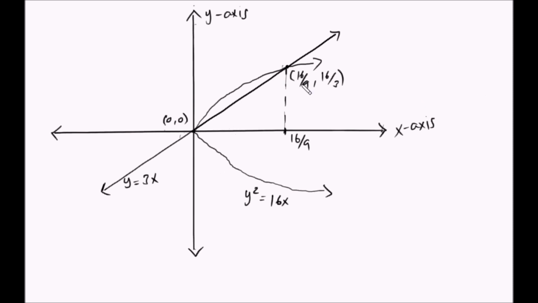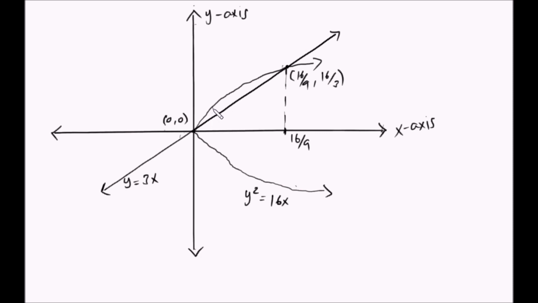So hii hapa parabola hii ambayo kama vile imedondoshwa. Tushazoea parabola zinaangalia juu. So hii parabola ambayo imedondoshwa hii ndo hii curve y square is equal to 16x. Na hii straight line ndo ile y is equal to 3x. So jamani, nataka tutafute area bounded by hivi vitu viwili.